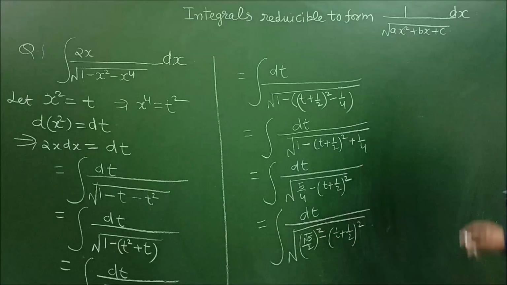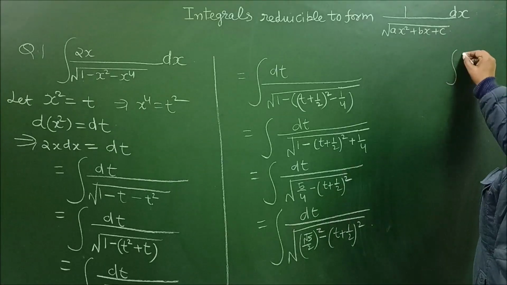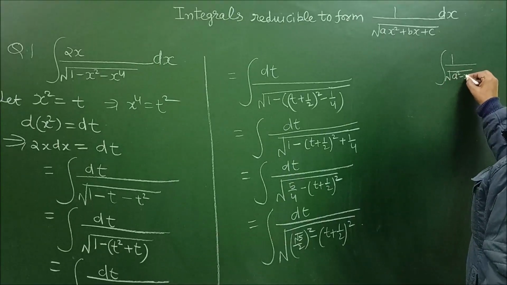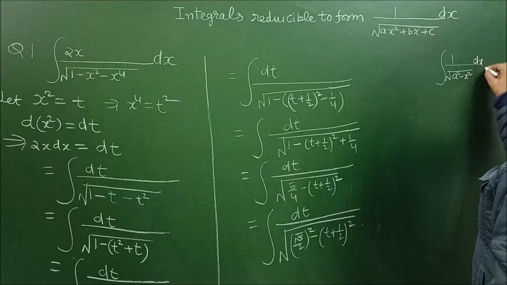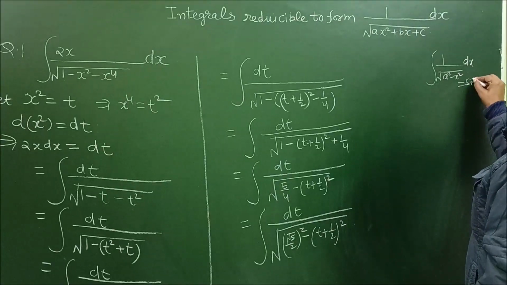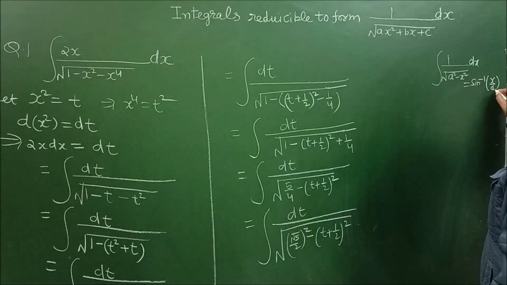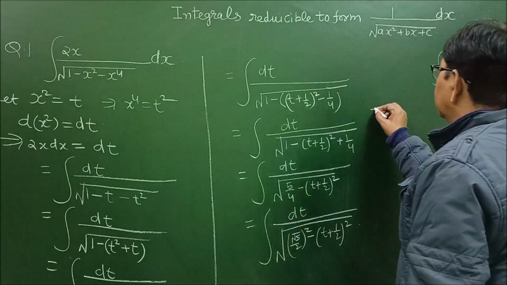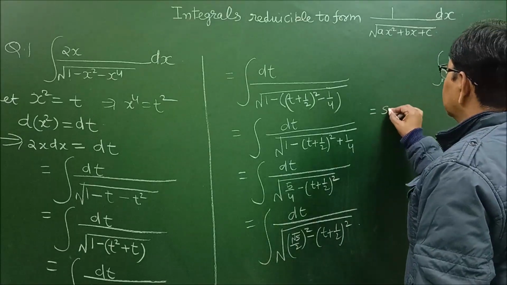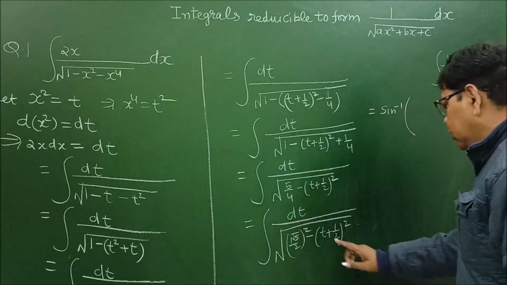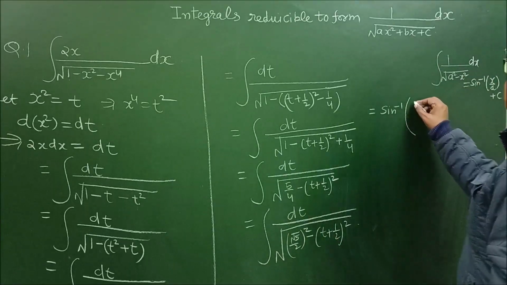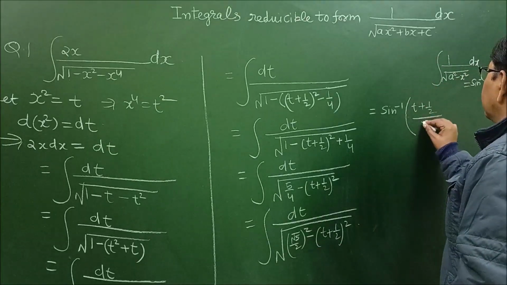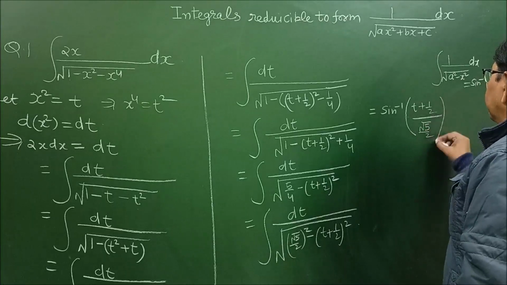Now this integral is of the form integration of 1 upon under root of a square minus x square dx, which is equal to sine inverse of x upon a plus c. So I can write this as sine inverse of (t plus 1 upon 2) upon a, where a is root 5 upon 2, plus c.